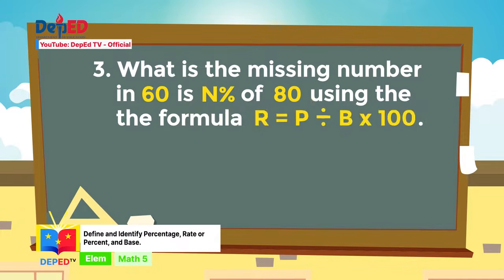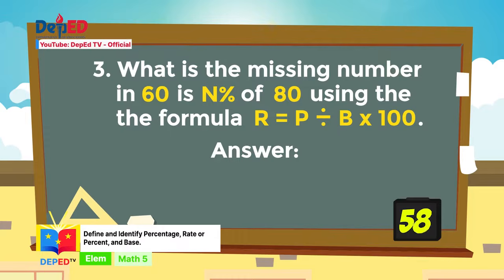Use the formula R is equal to P divided by B times 100. The answer is 75%.